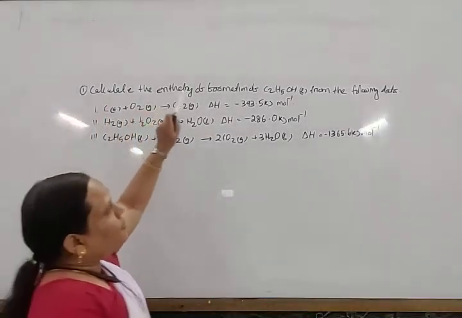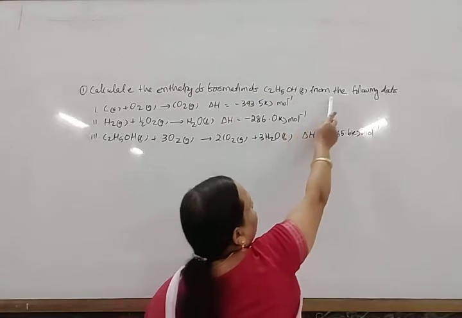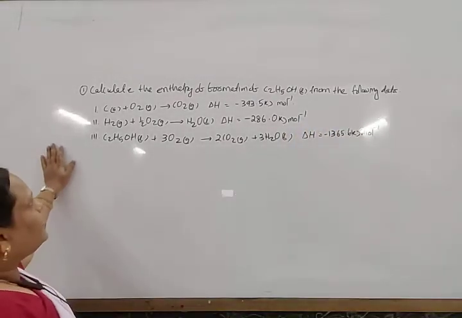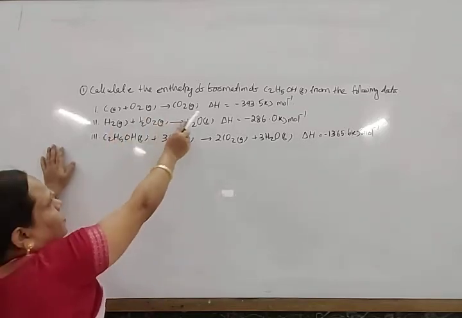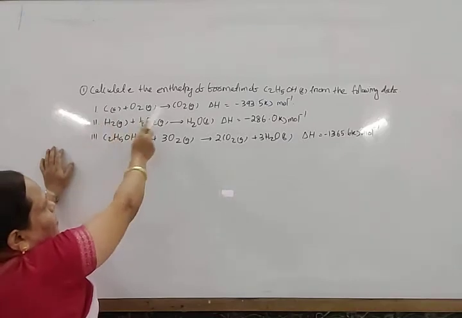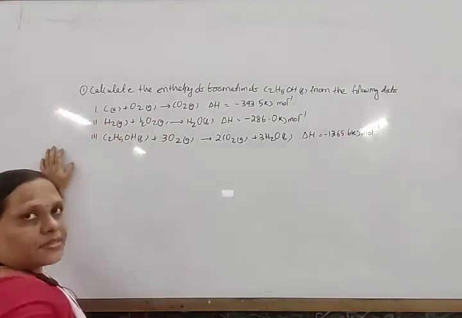Let us solve one problem. Calculate the enthalpy of formation of ethanol from the following data. Here the enthalpy of formation is given: carbon, oxygen, CO2, or you can see it as the enthalpy of combustion of carbon, or enthalpy of formation of carbon dioxide.